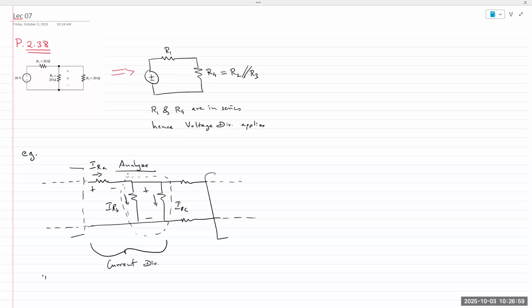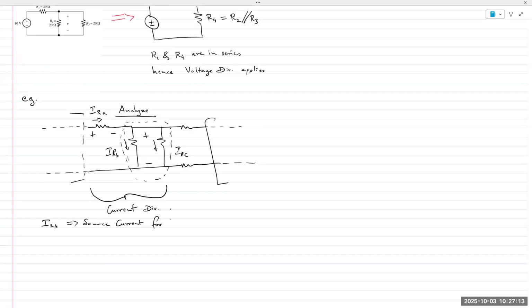And we can say IRA would be the source current for IRB and IRC. Okay, makes sense.